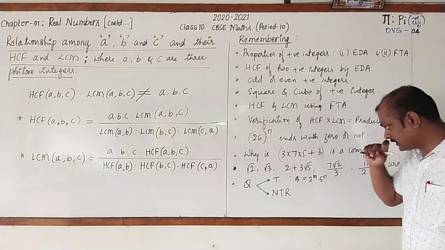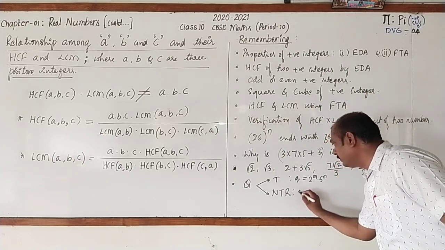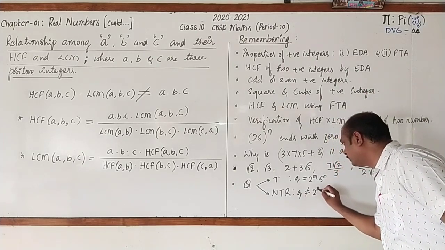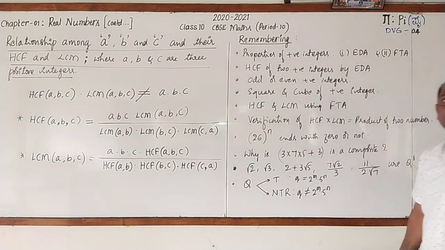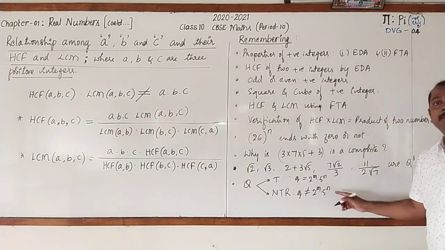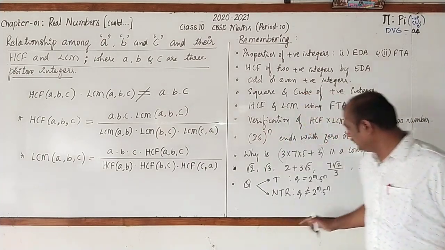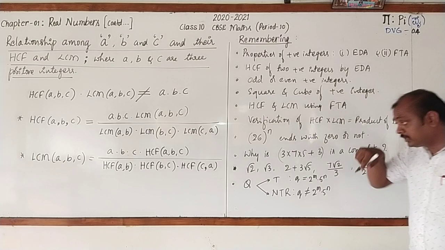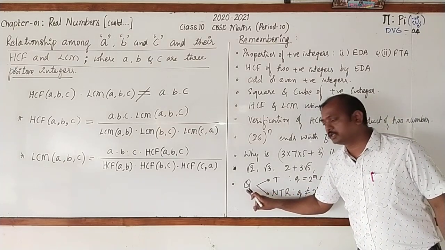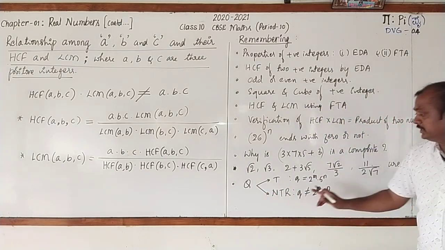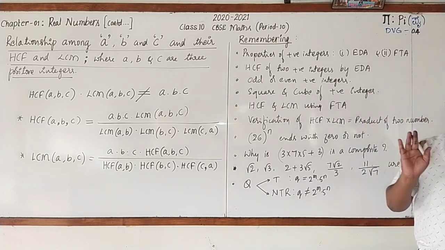Next, if Q is not of the form 2 raised to the power m into 5 raised to the power n, where m and n are non-negative integers, then we can say that the decimal expansion of the rational number is non-terminating recurring.